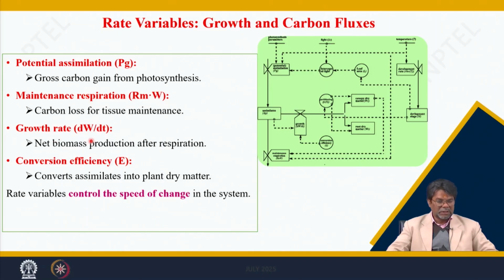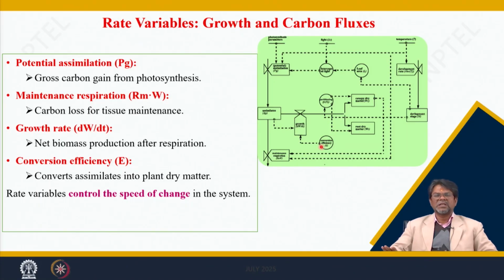After the maintenance respiration, there is the growth rate. Growth rate is the potential assimilation minus the respiration loss, so there is a net assimilate. This net assimilate is converted to canopy or root dry weight through the growth conversion efficiency.